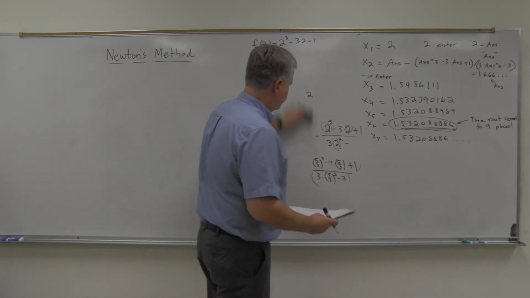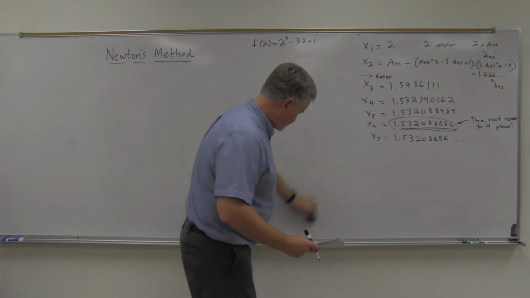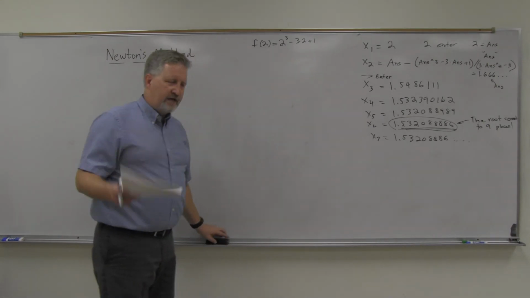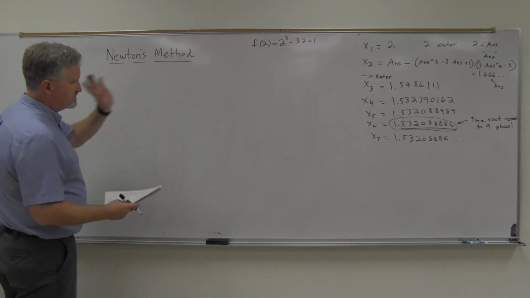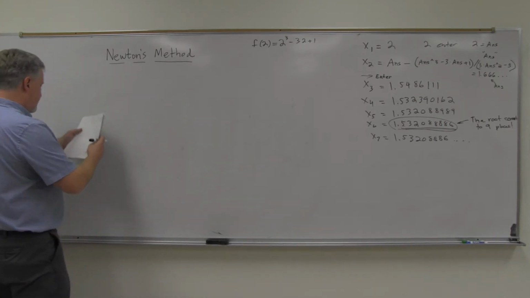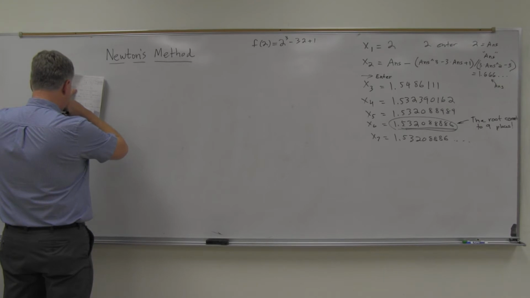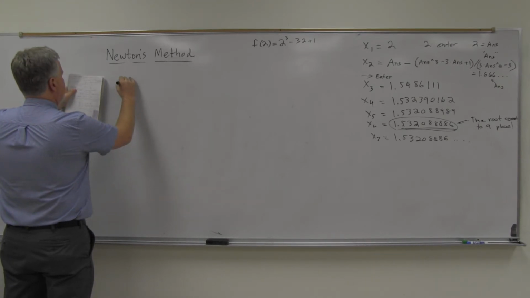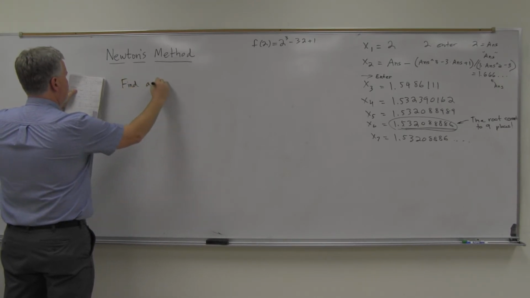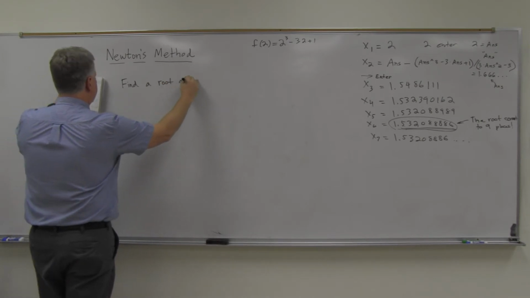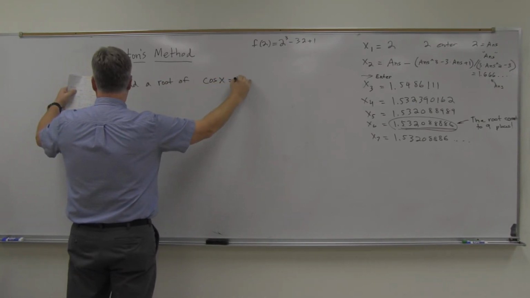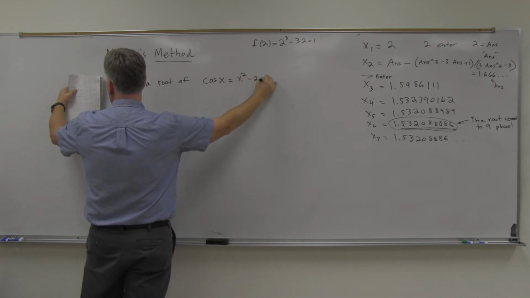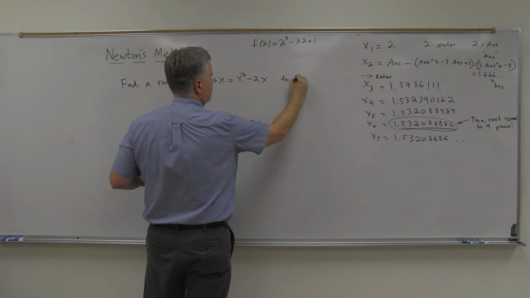Okay, so let me do another one here, and we'll go step by step, because this is definitely the way you probably want to go. All right. Find a root of cosine of x equals x squared minus 2x to 6 decimal places.